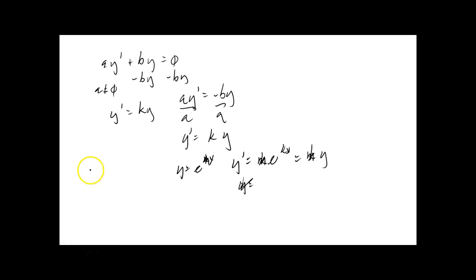So with that in play, you have a times m e to the mx plus b e to the mx is equal to 0. When you plug that in, y is equal to e to the mx, that means y prime is m e to the mx. Those are really ugly. I probably should do a nicer job of that.